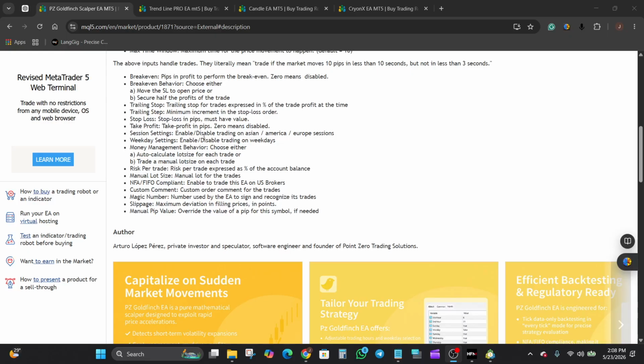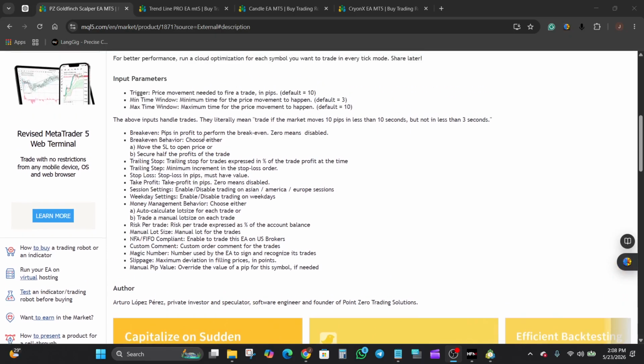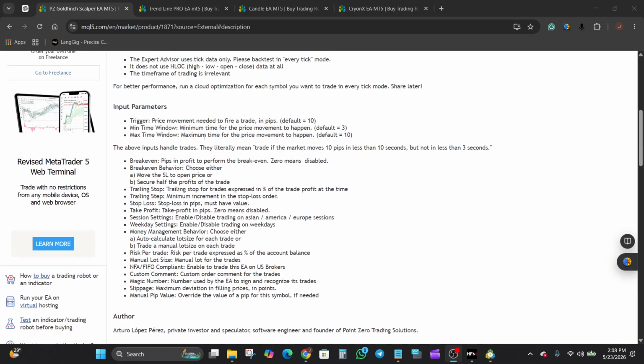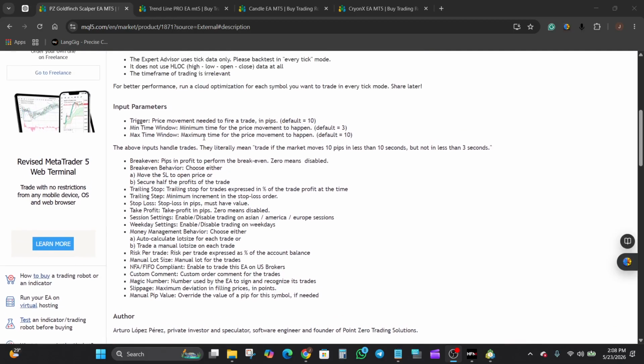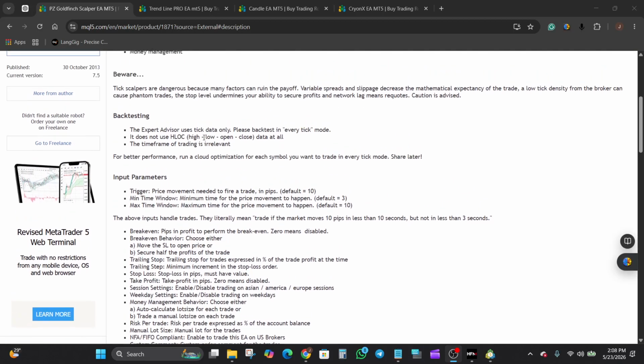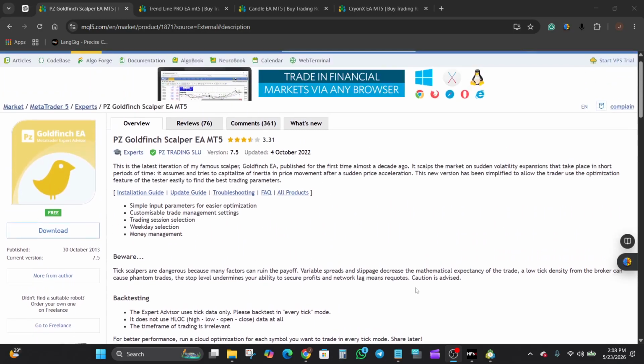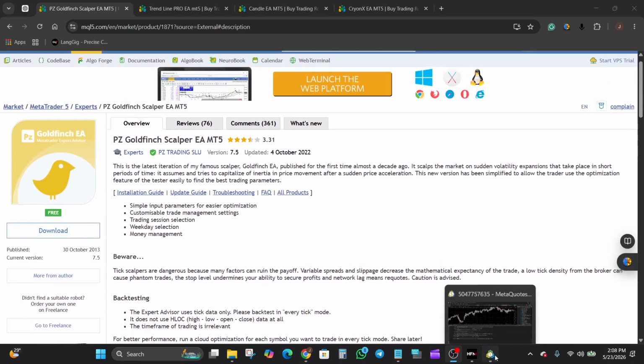Now, moving into the backtesting section, the developer clearly states that this EA is designed for tick data only and it should be tested in every tick mode. It also mentions that it does not rely on OHLC data, meaning the simulation is built around more granular price movement. Okay, so let's head over to our strategy tester right now.